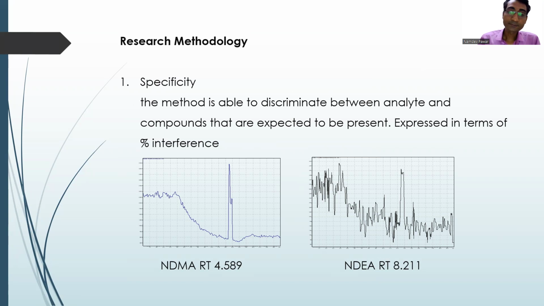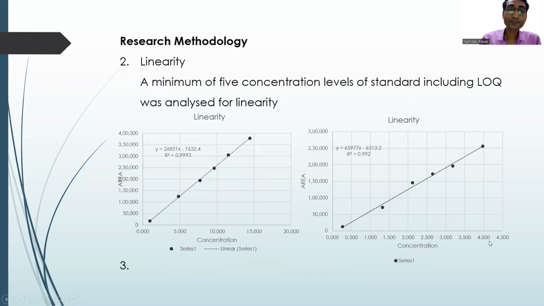The results from the tablet blank are in front of you. Here we can see there is no interference from the coeluents or other excipients, binders, or any coating at the retention time of NDMA and NDEA. So the method is specific.